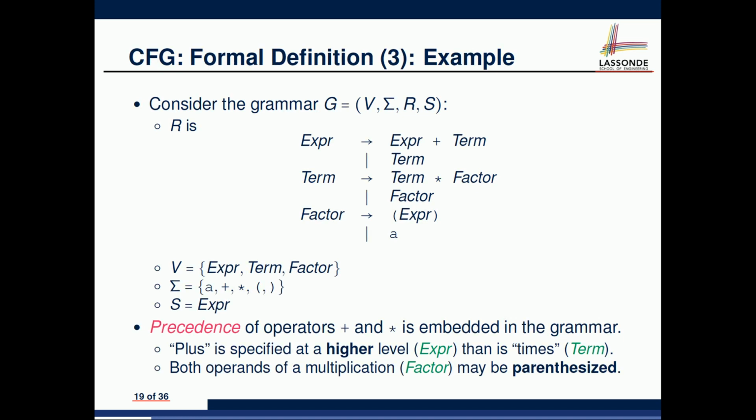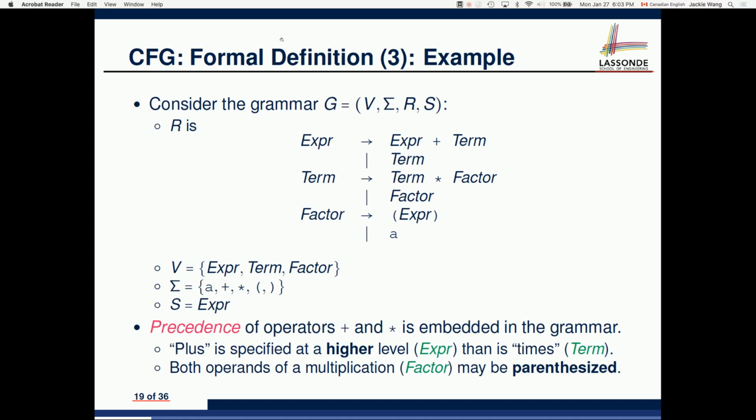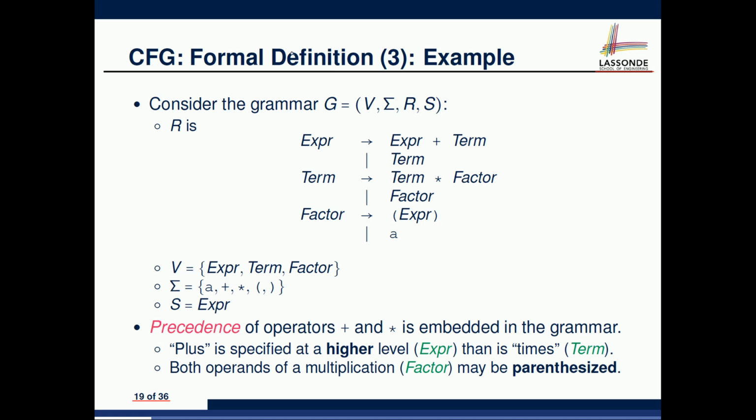Let me talk about this grammar specifically. You're going to see something very similar as an example later, but let's talk about this one here. I don't think I've got the example just yet, so let me put it here.